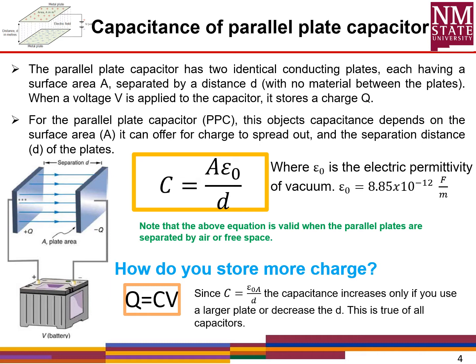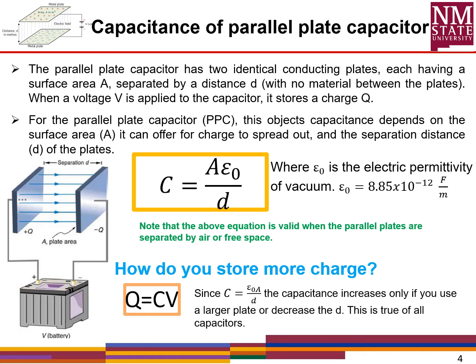So how can we define the capacitance for this parallel plate capacitor? The capacitance C depends on the surface area capital A and the separation between these two plates, small d. So capital C is equal to A times epsilon 0 divided by small d.